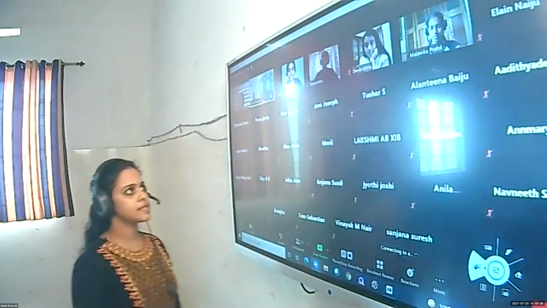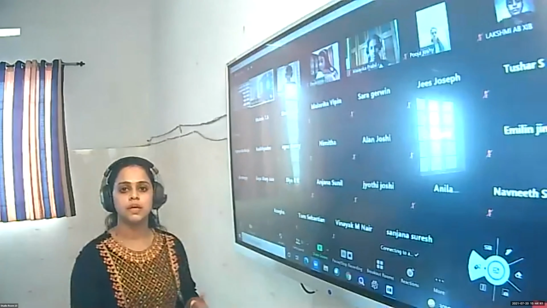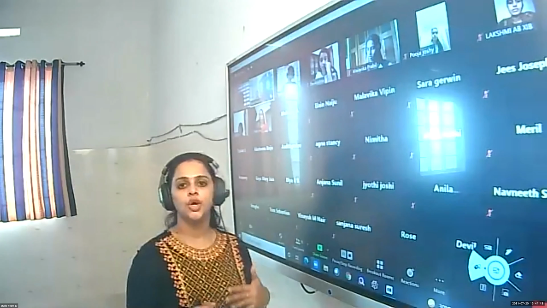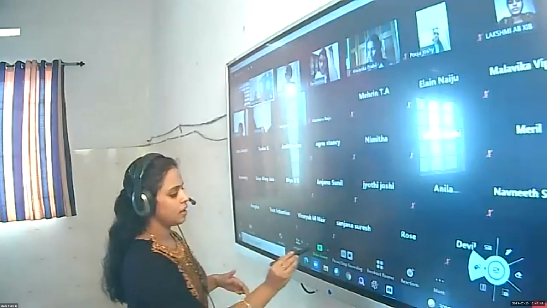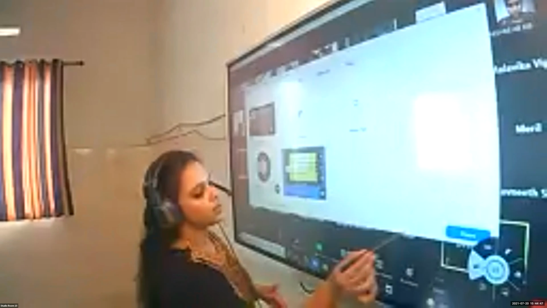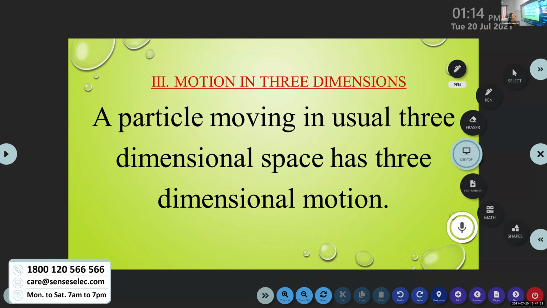So here we are discussing the motions of an object in 1 dimension, 2 dimension and 3 dimension. Once again, we can see the definition for motion in 3 dimension. After that, we can move to the seminar session. If a particle is moving in 3-dimensional space, or moving along a space, we can consider it as motion in 3 dimension.